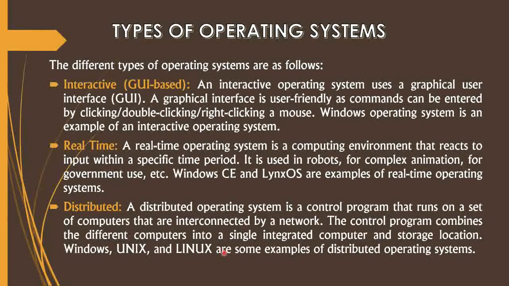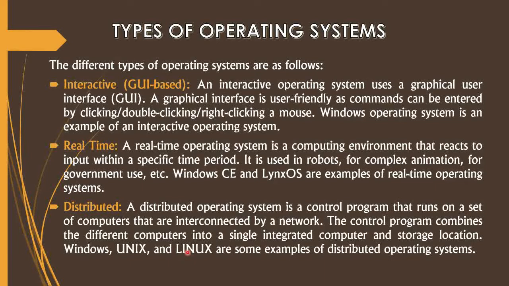You can have one CPU and the same CPU can be used for another device also, like from the same CPU you can use it as multi-user. So for that purpose, distributed operating system. Windows also has distributed operating system, Unix also, Linux also.